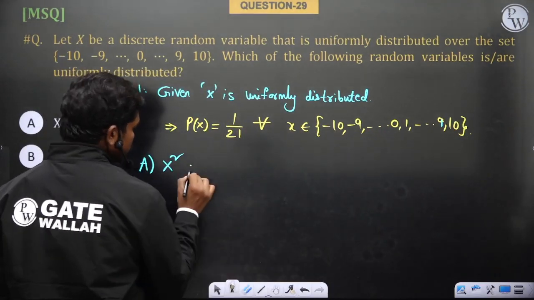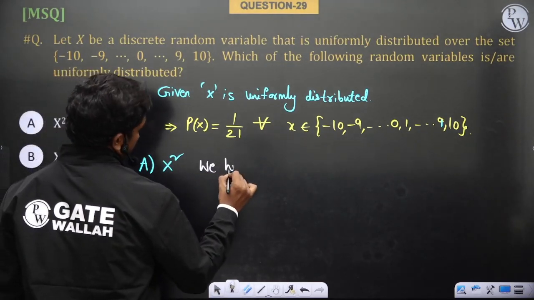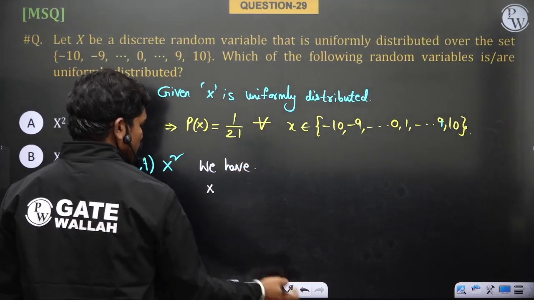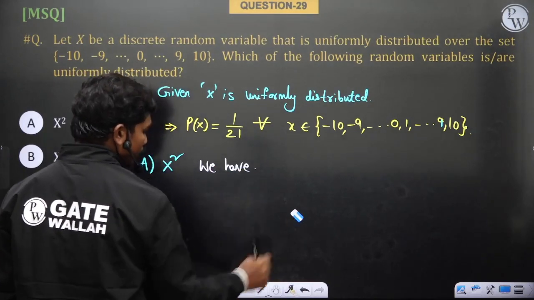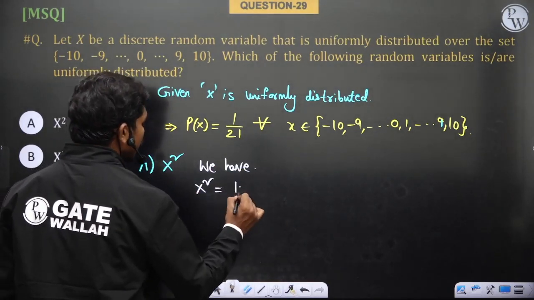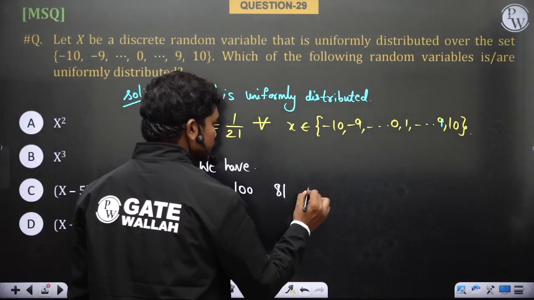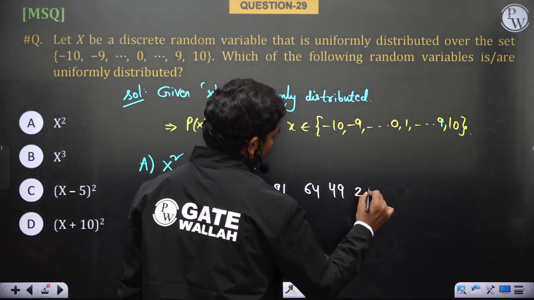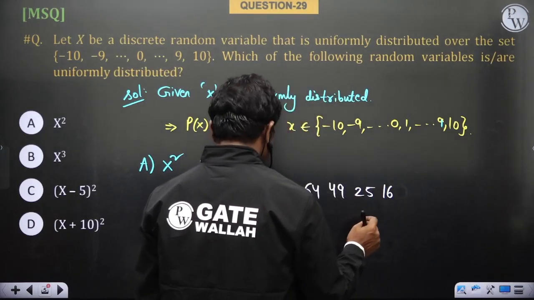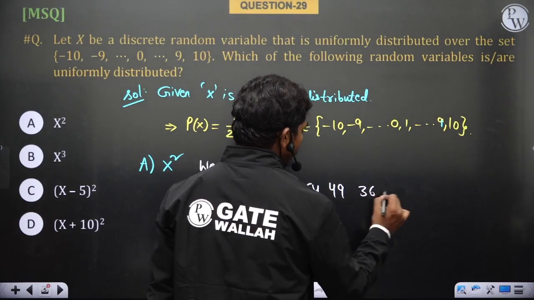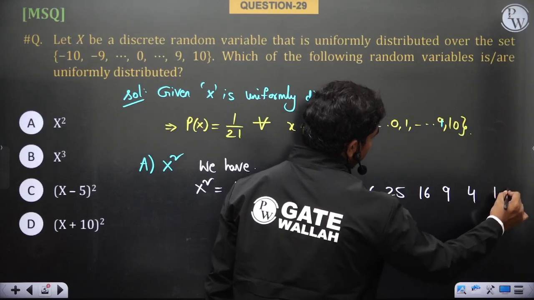If you take this function x square, for example, then p of x square is equal to 100, because you can see there is -10, then 81, then after 8 square 64, 49, 36, 25, 16, 9, 4, 1 and 0 actually here.